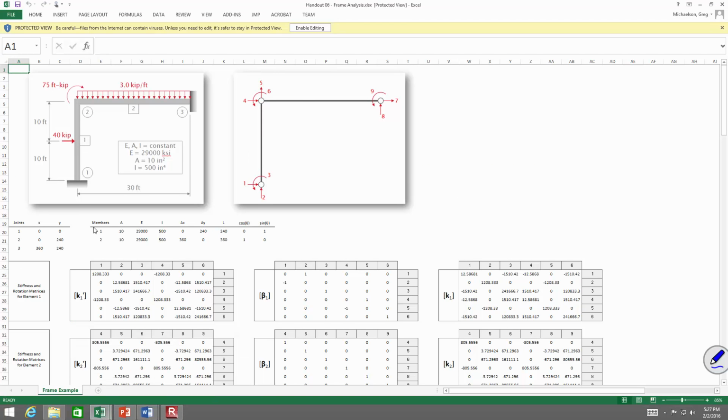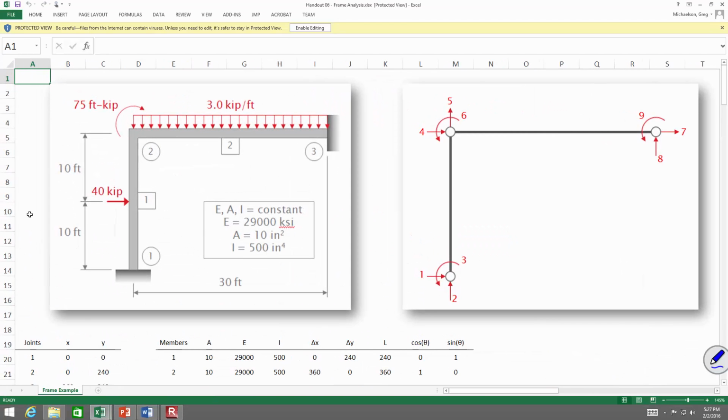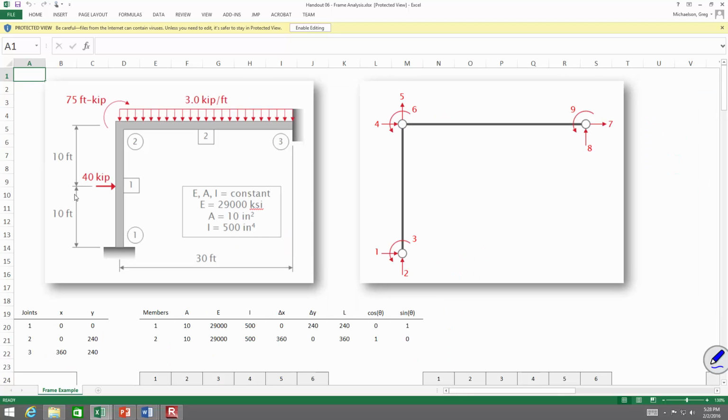So let me walk through this frame analysis example very, very briefly, okay? But I'll spend time on the things that I think are important. So remember, let me zoom out a little bit so we can see what's going on. You all have this in front of your screen so you can follow along with me. Here's my frame and here's my analysis model. So I can write coordinate information here.